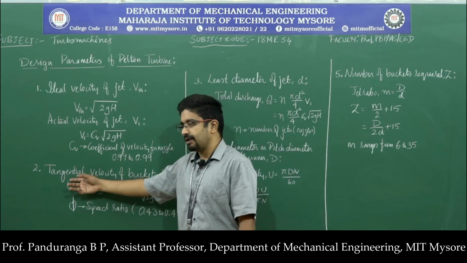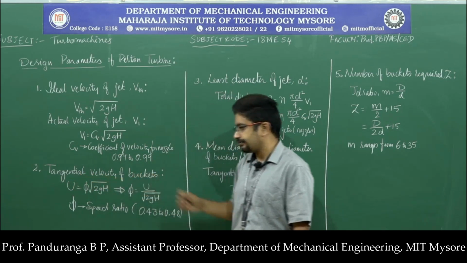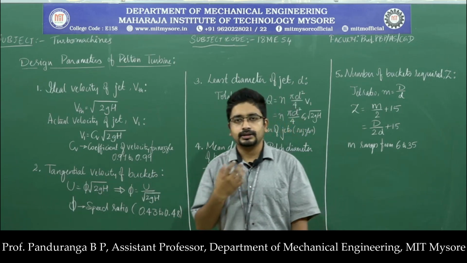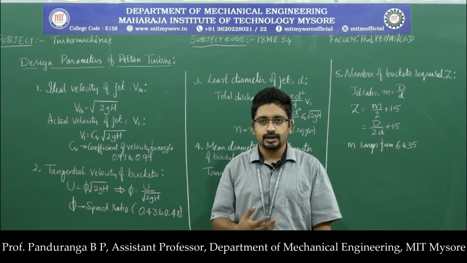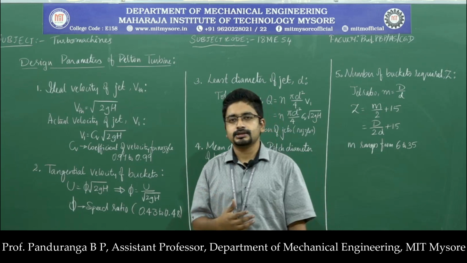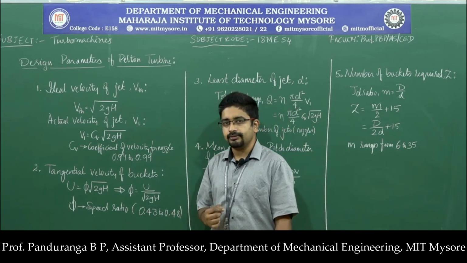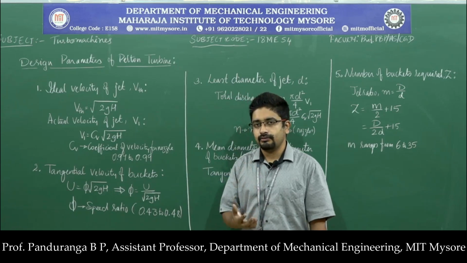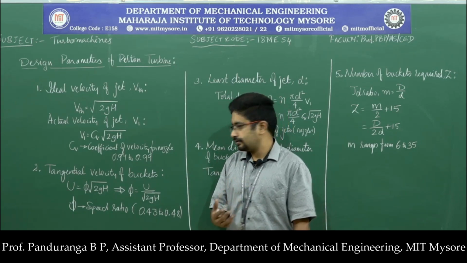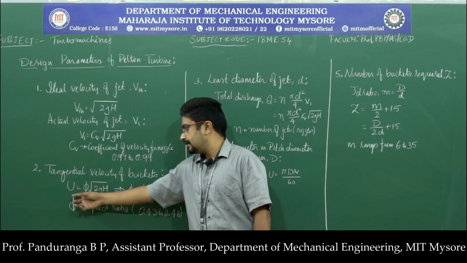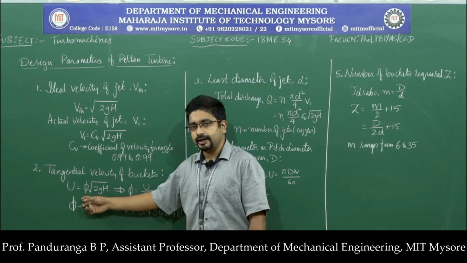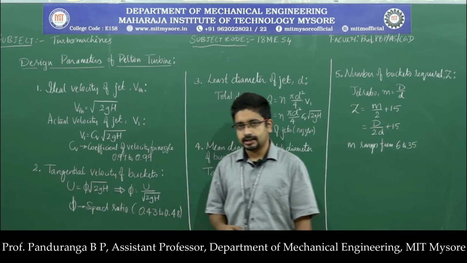Then we have the second parameter, that is the tangential velocity of the buckets, or the tangential velocity of the rotor, where the jet of water strikes the buckets. To find that tangential velocity, u is given by phi into root of 2gh.